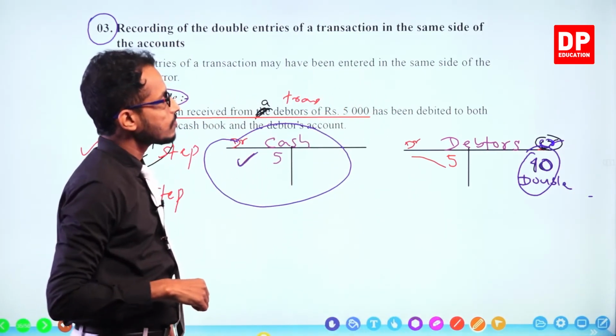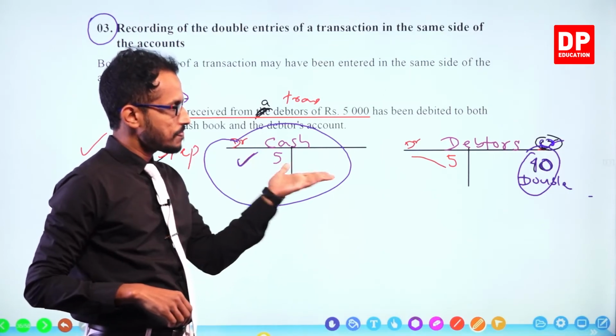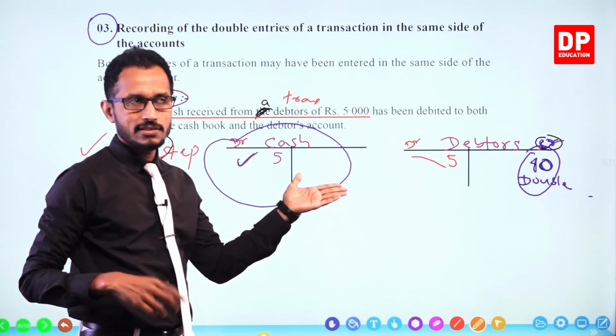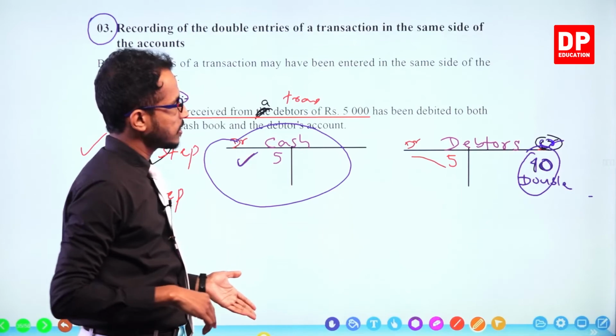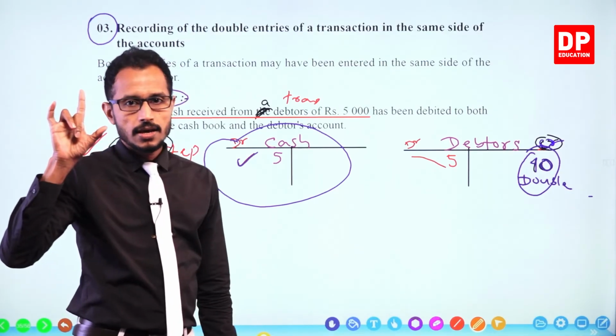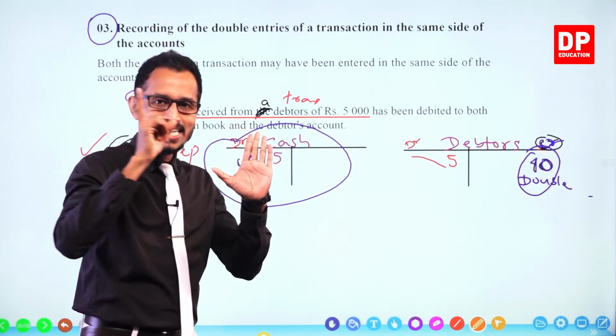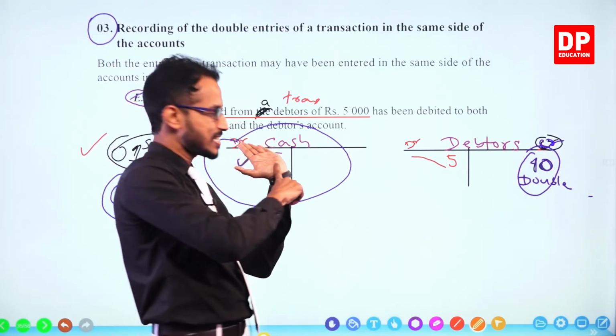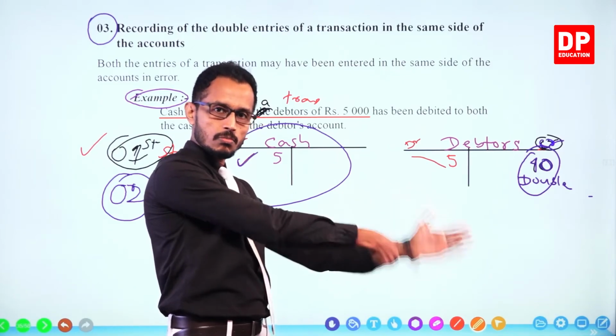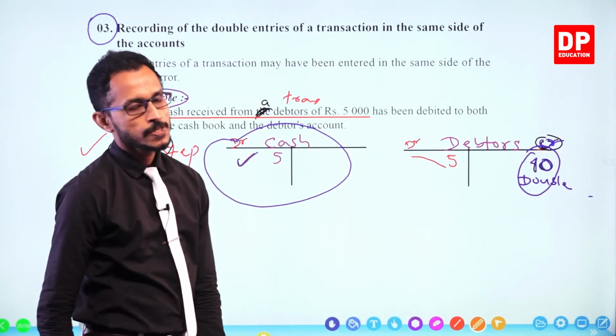So children, that's how you correct when the double entry is entered in the same side of both accounts.